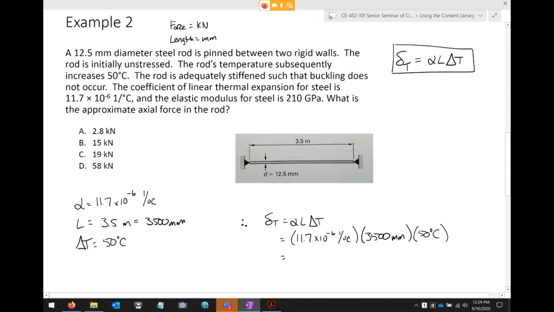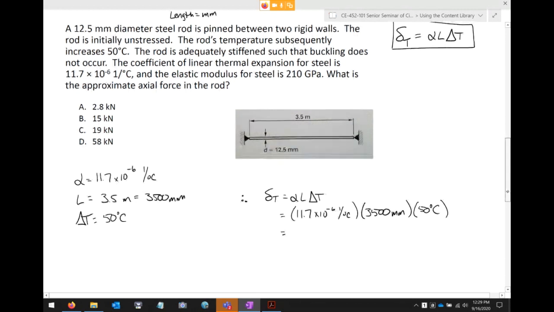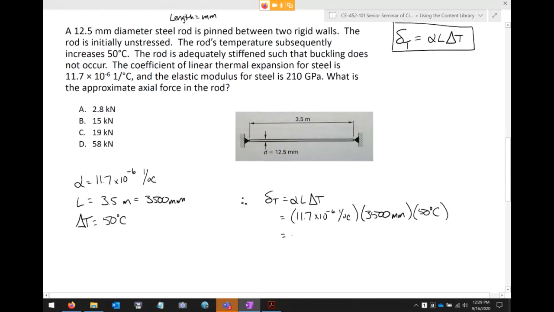Just to make sure everybody is awake and got their coffee in them, what is the result here when I plug and chug? Let's say 2 decimal places. Again, it doesn't need to be super duper accurate. It's the FE exam. 2.05 millimeters. Do I have a second on that?